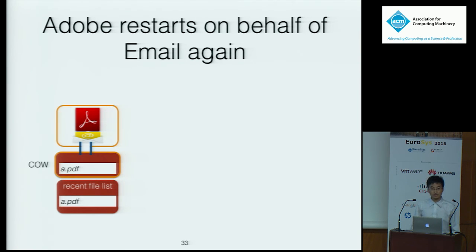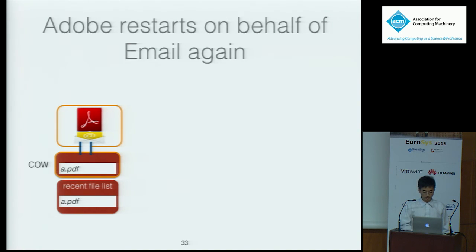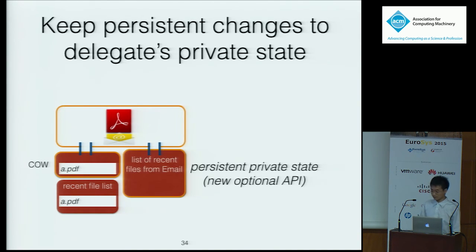So you may see that there is a potential usability issue, which is whenever Adobe Reader runs as a delegate, it can't save a persistent update to the recent file list. So to address this problem, we introduce a new but optional API, which is the persistent private state for delegates. Adobe Reader can use this API to maintain a list of recent files received from email, and it is only accessible when it runs on behalf of email.